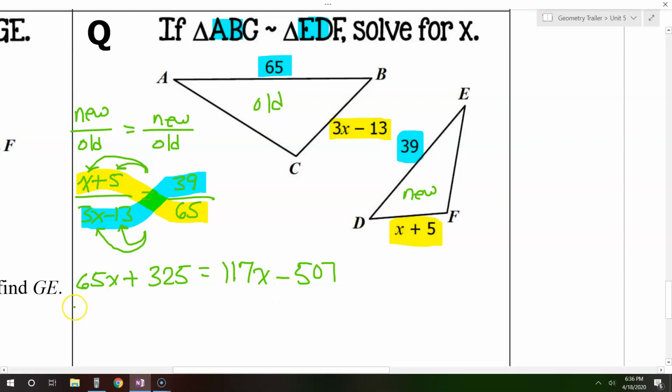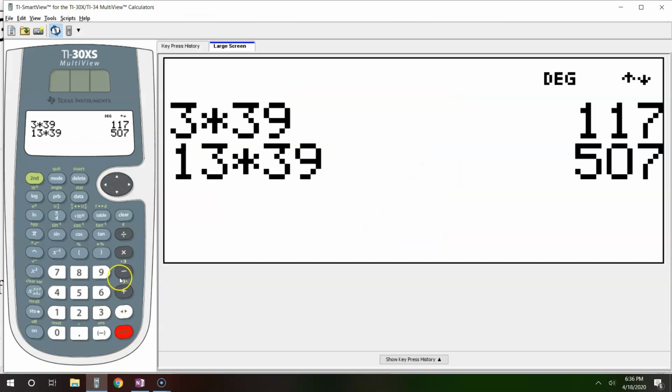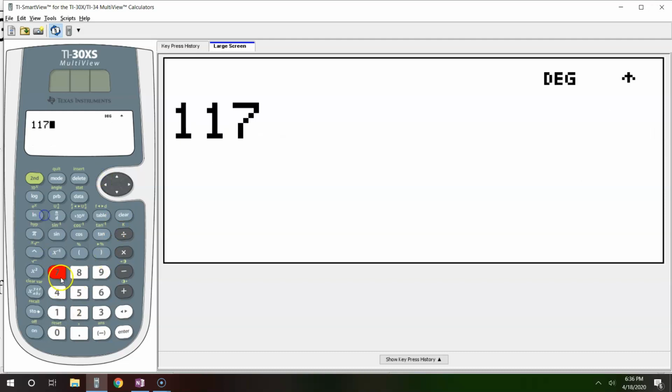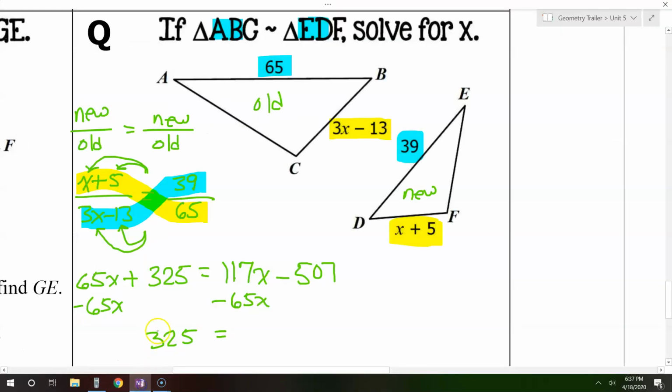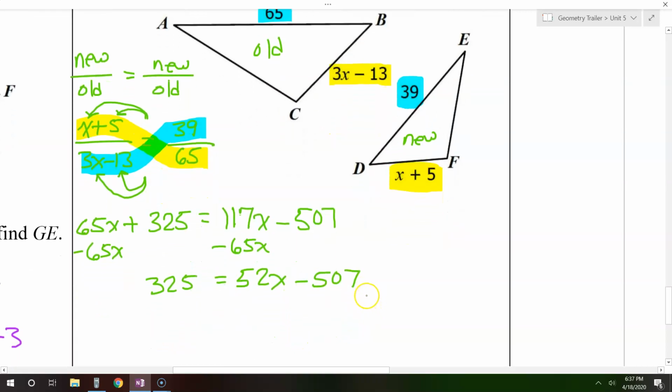Okay, let's get these x's together by subtracting 65x from both sides. So that'll leave 325 is equal to, okay, so I've got 52x minus 507.